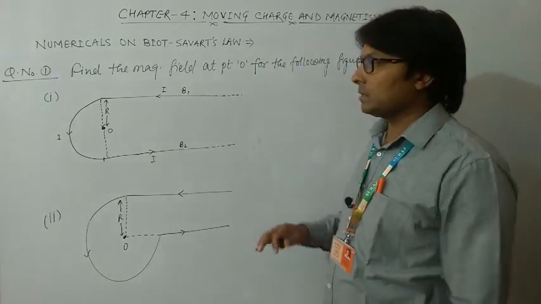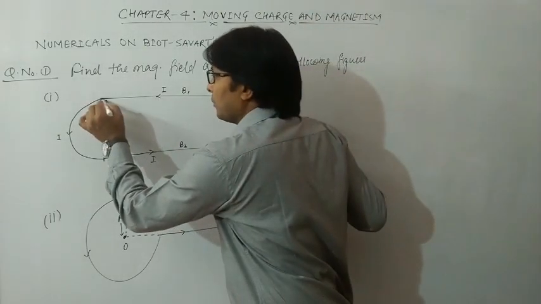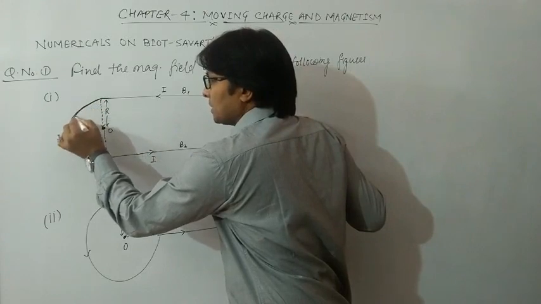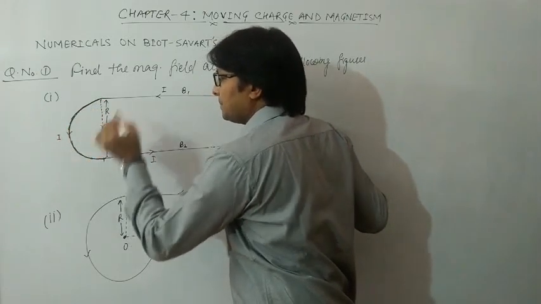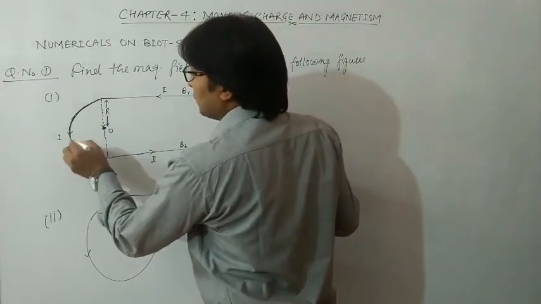And of course the third component will be due to this part of the loop, which is a semicircular loop of radius r. I have denoted it by B3.